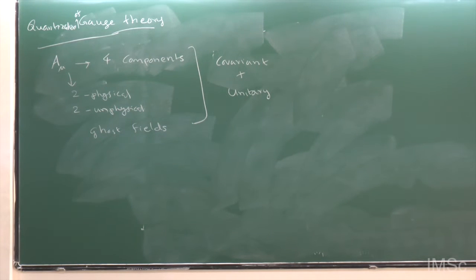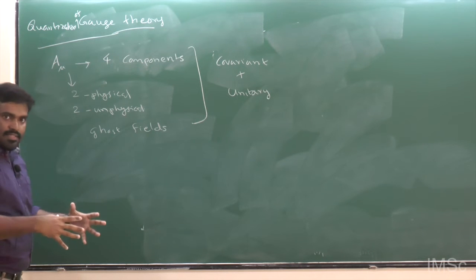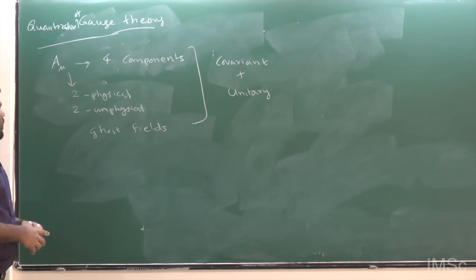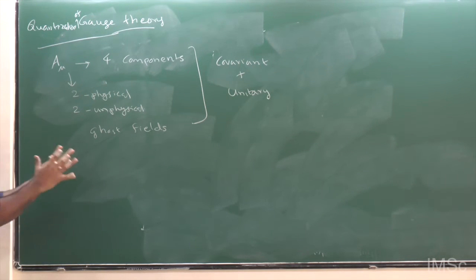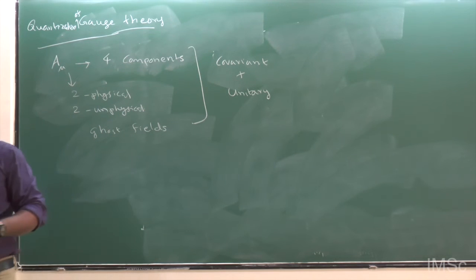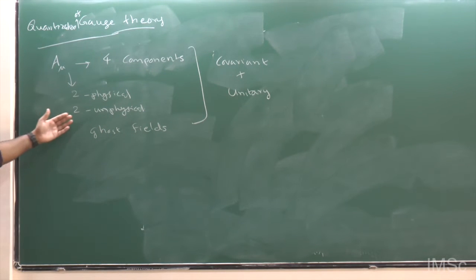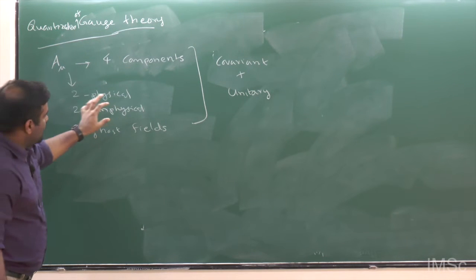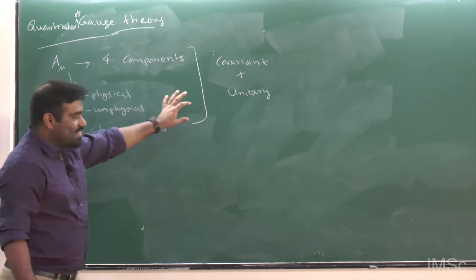So the basic idea is that when you look into a gauge system, you have a certain number of physical degrees of freedom. With that number of physical degrees of freedom, you won't be able to explicitly formulate a theory that has explicit covariance. So you want to add additional unphysical degrees of freedom, and then adding unphysical degrees of freedom introduces a difficulty.